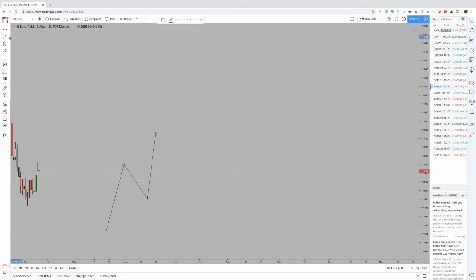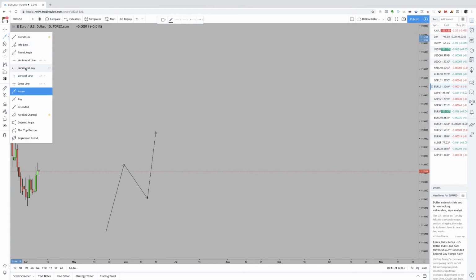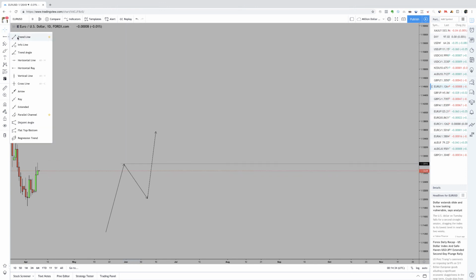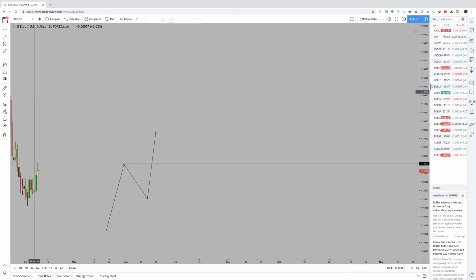Now, once we break through this, we're going to put a horizontal line here. This is going to be your newfound support. You're going to notice price is going to come back down to this area and likely retest it.